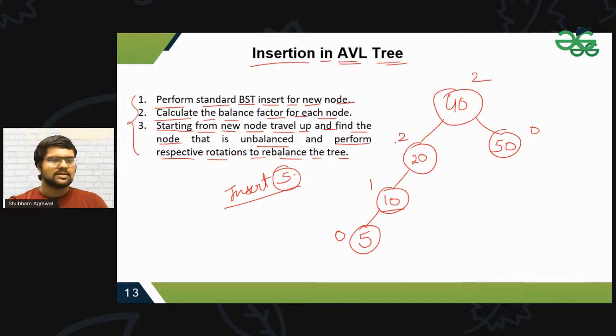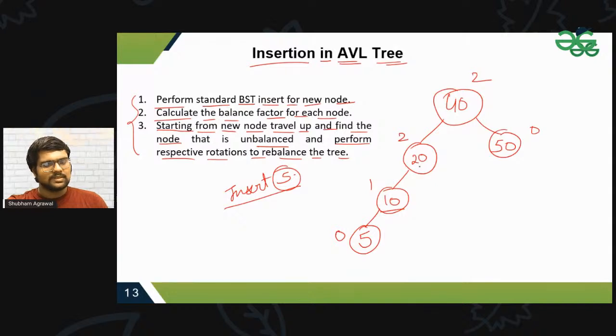Since we have inserted 5, we will go upwards and look for the unbalanced node. When we go up, the first node that is unbalanced is 20. So we will come to 20 and see what the reason is for it to be unbalanced.